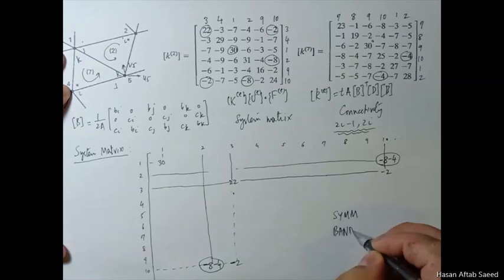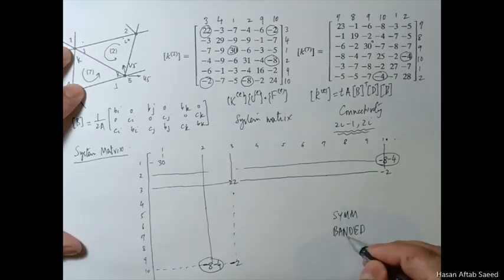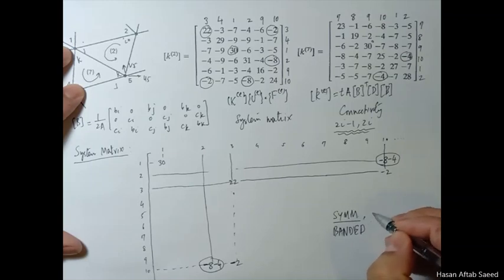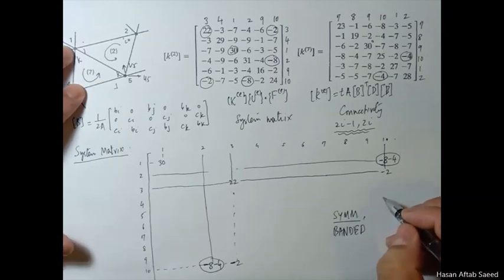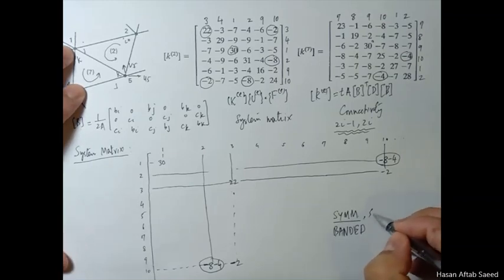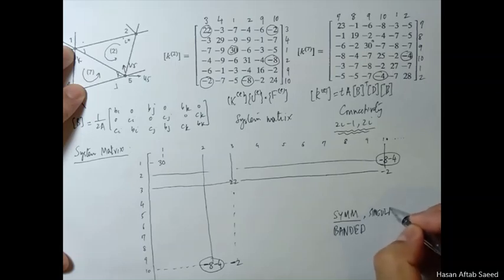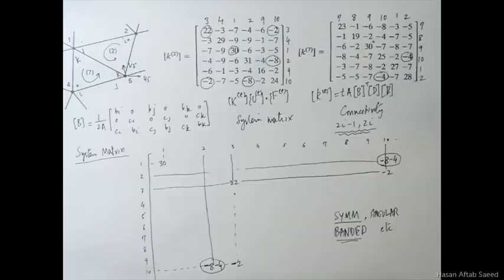It will still be banded. The third thing is that you have a symmetric matrix, and it will be singular, etc. You know, all those properties.